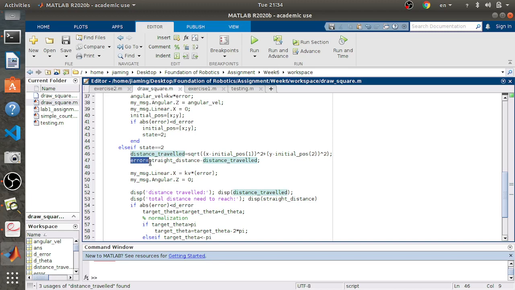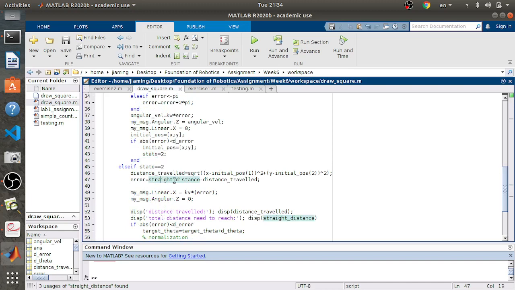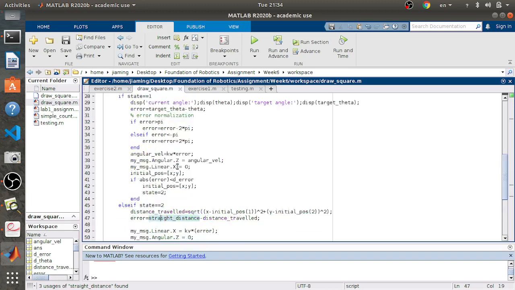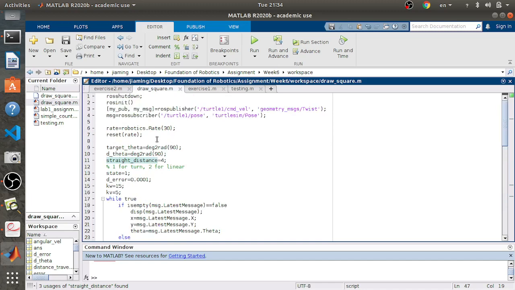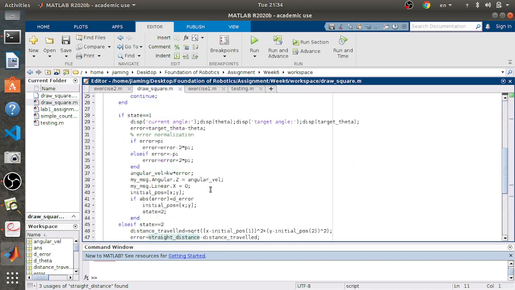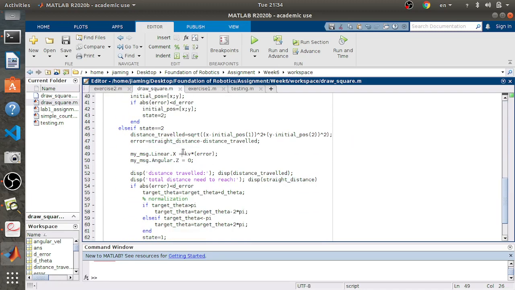And the error is defined as the target distance, which is 4 in this case, minus the distance travelled. So this is the error, and the linear velocity is proportional to the error. Because it is linear motion, the angular velocity is equal to 0.